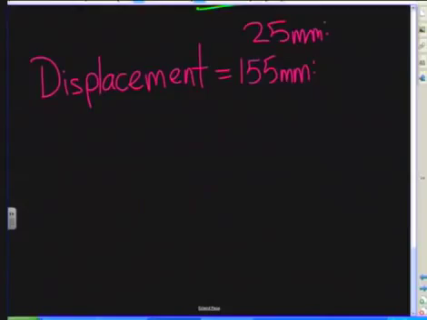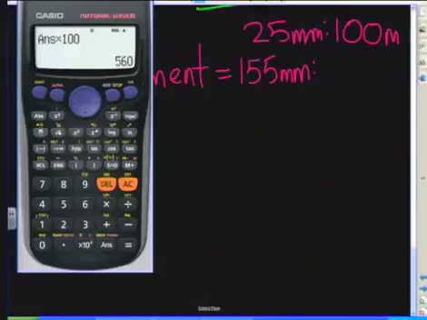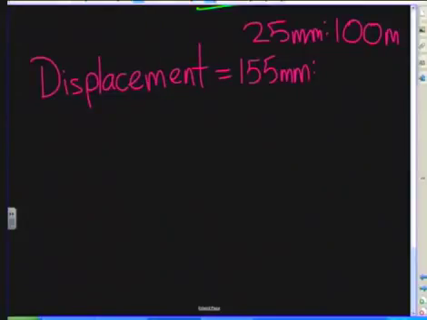You multiply by the thing which you want, and that was in meters. And what do we get? So let's do this all together. So I say 155 millimeters divided by 25 millimeters, and that gave me an answer there, 31 over 5. Then I multiply by 100. There we go, and I get an answer of 620 meters. So that is my displacement.